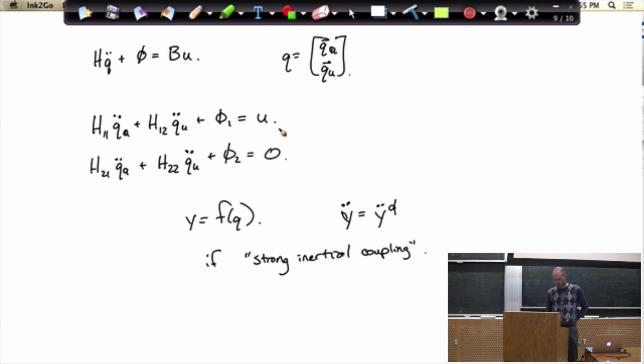And the strong inertial coupling is actually a very simple rank condition on a matrix, which is a function of h1, h2, and the gradients of f. That's in the notes, and I would have done it here if I'd had time.